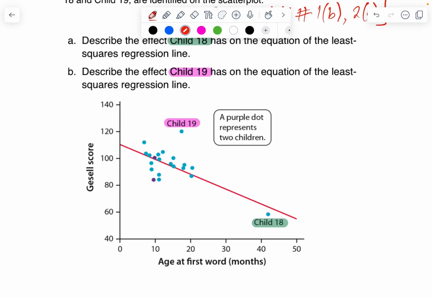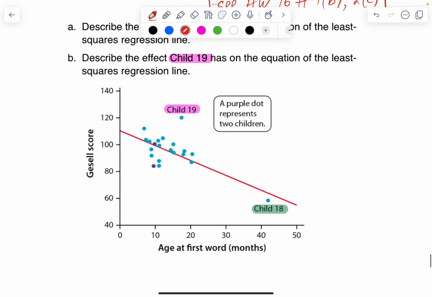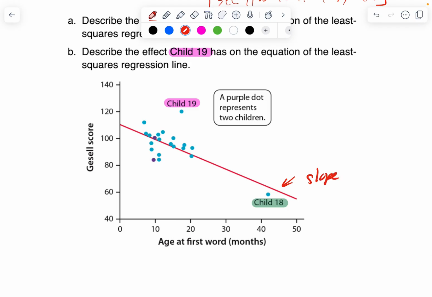So with child 18, if you covered it up, the graph would probably look more like that. It'd be a little bit flatter. So what child 18 does is make the slope steeper, meaning in this case more negative, and it's probably going to make the y-intercept bigger.